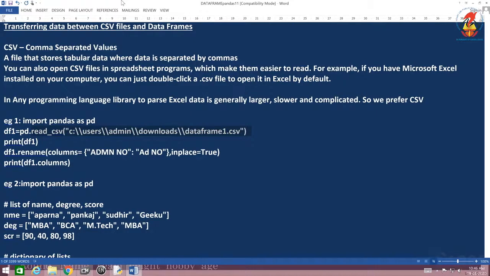This also I remember I showed you, but just repeating it once again, this is to rename. That means if the existing columns in the CSV file have such values as ADMNO, it can be changed to ADNO. That means after displaying it in your Pandas format or in your Python script mode, when you give inplace equal to True, the effect will be reflected here.